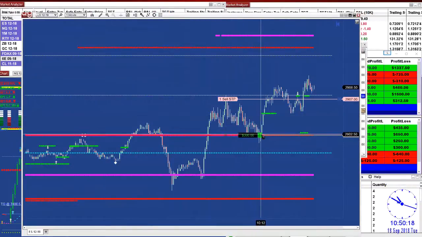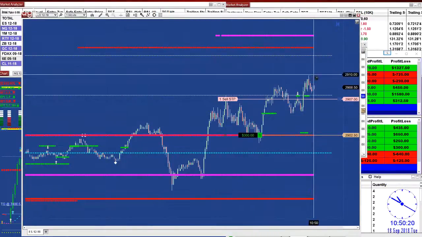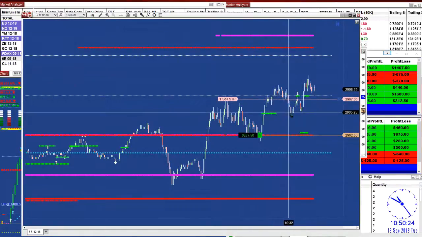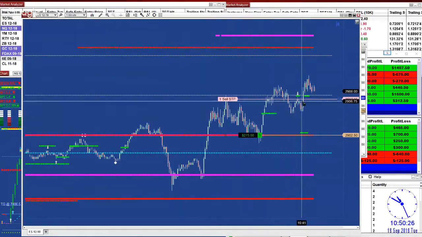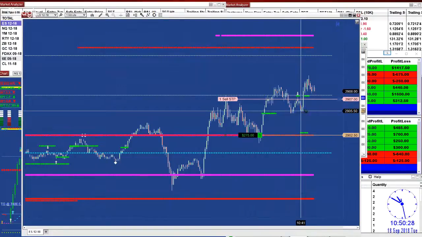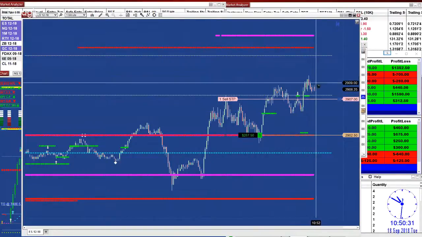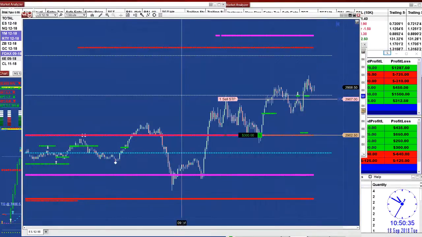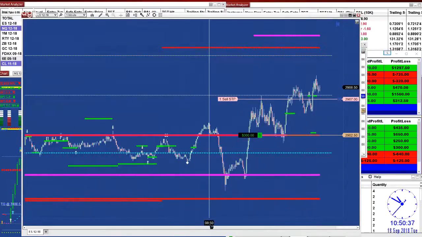This is a re-entry. And the same story again: pull back on the projection, pull back again on the projection, and now we broke that area, pulling back on the second projection.